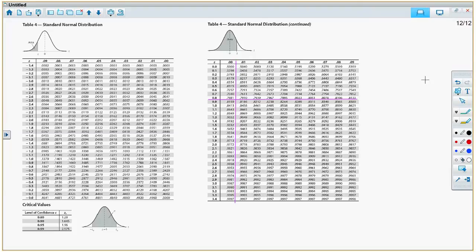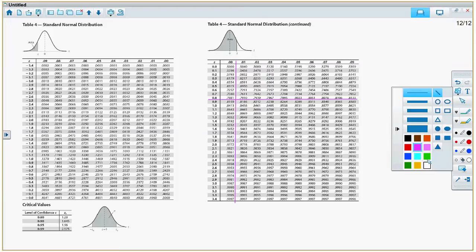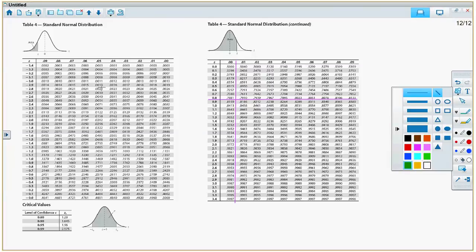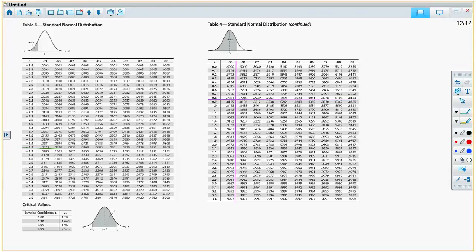Okay, write that down. 0.7881. And then we'll change colors. We'll do green over here. What was my other number? Negative what? Okay, so that'd be 1.30.